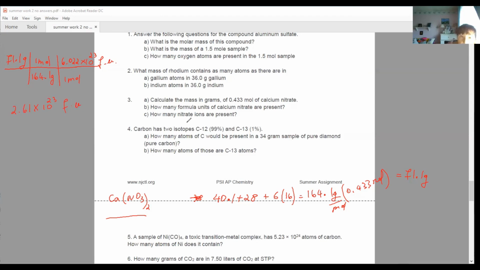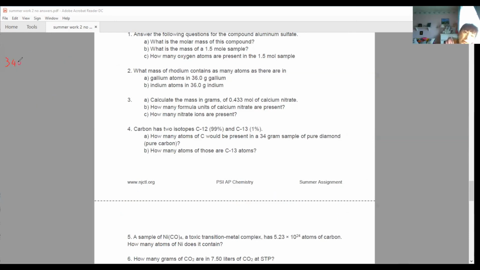How many nitrate ions are present? The nitrate is 2 per formula unit, so it's twice as much: 5.21. And then carbon has 2 isotopes. How many atoms of carbon would be present in a 34 gram sample of pure diamond, which is the same as pure carbon?